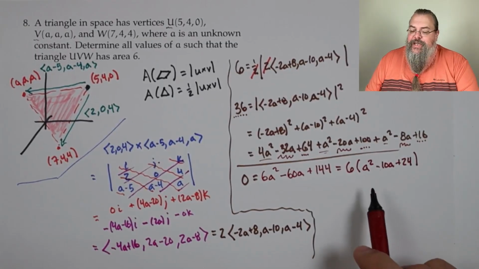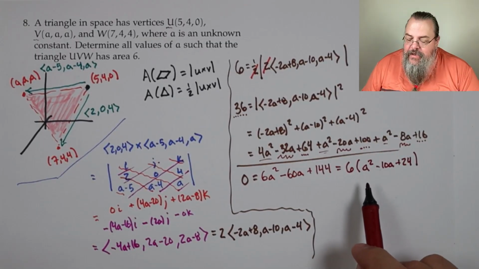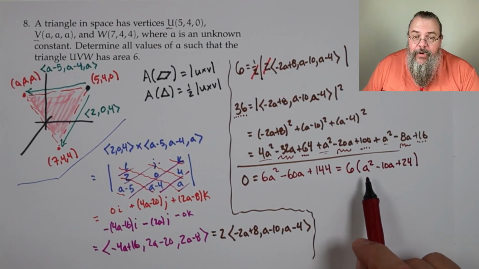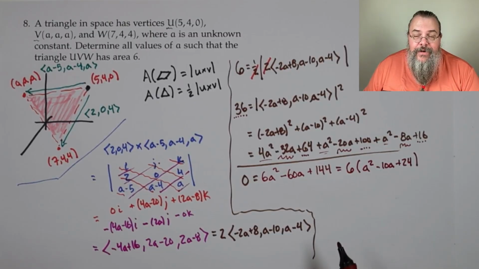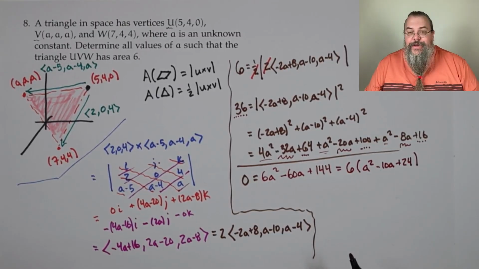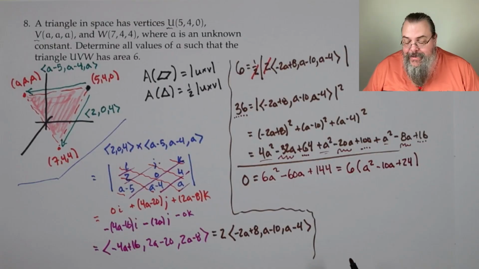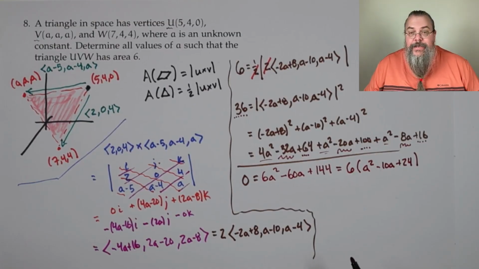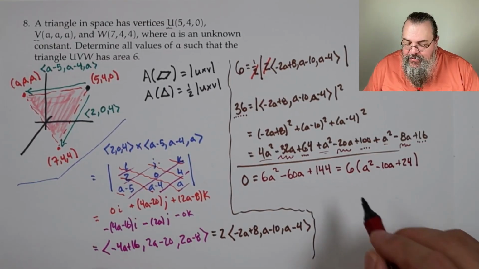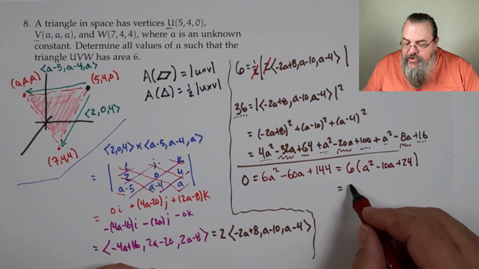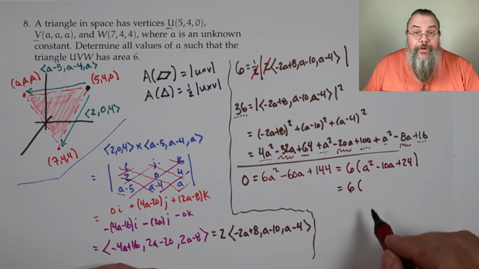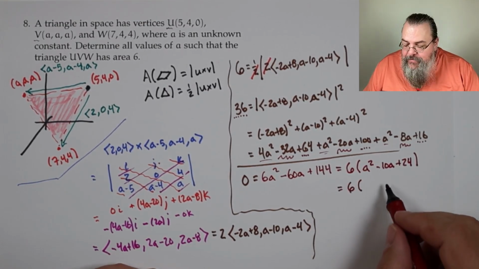So we've reduced down to saying, what are the roots of the quadratic a squared minus 10a plus 24? Well, does this factor? And if we've lived a good, clean algebra life, and our teachers love us, and hopefully both those statements are true, it will factor.